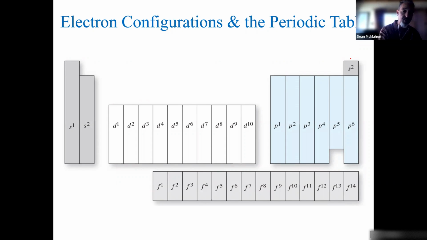And remember, each orbital, the S is spherical, has 2 electrons. So there's only 1 S orbital, and I can only have 2 electrons. Spin up, spin down. When I go to the second energy level, I can have 2 sublevels.